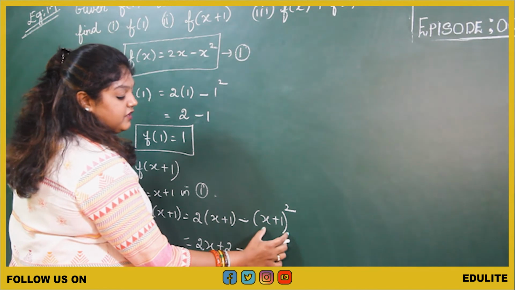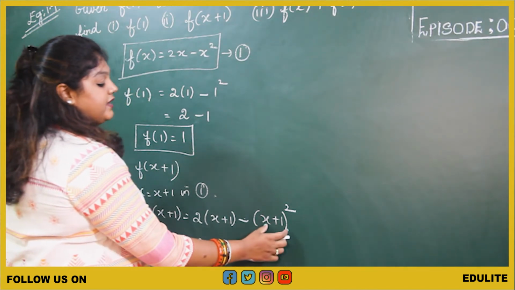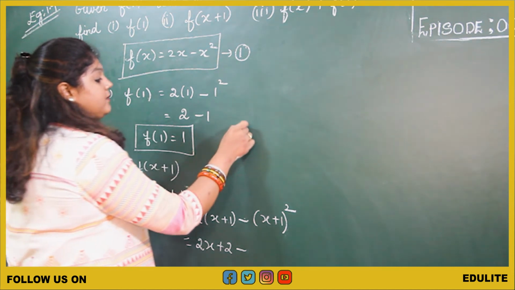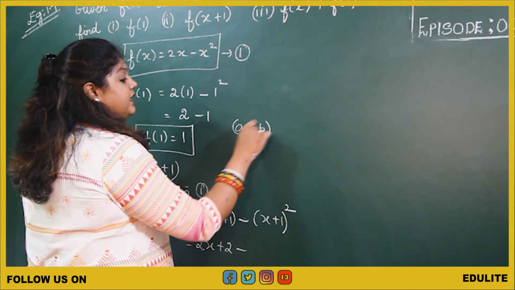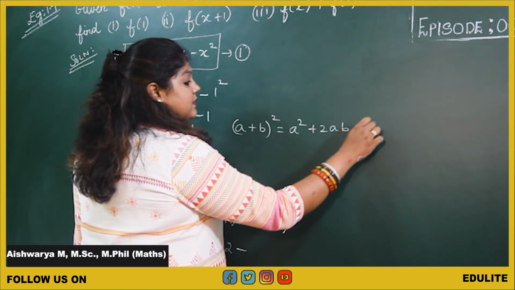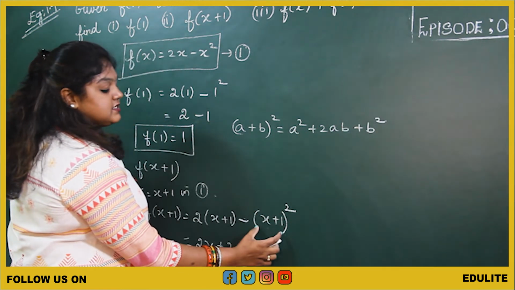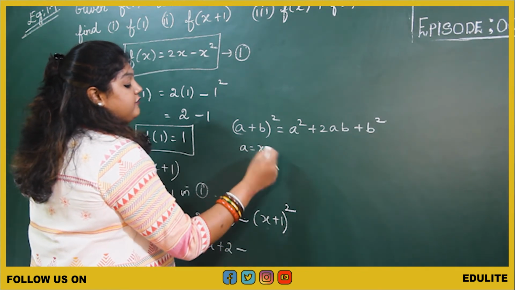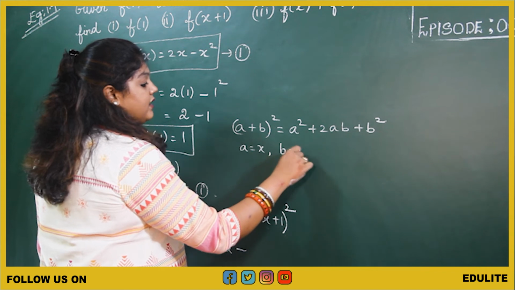In this portion, we have to expand this using the formula a plus b whole square. It is a well known formula. A plus b whole square is equal to a square plus 2ab plus b square. For this portion the value of a is x and the value of b is 1. We will substitute in this.